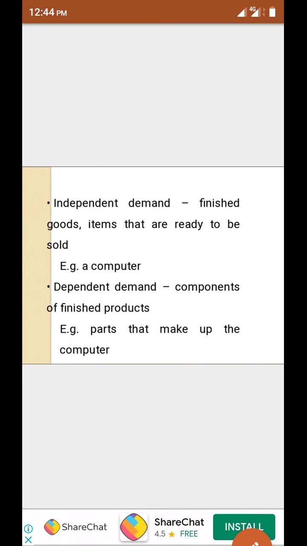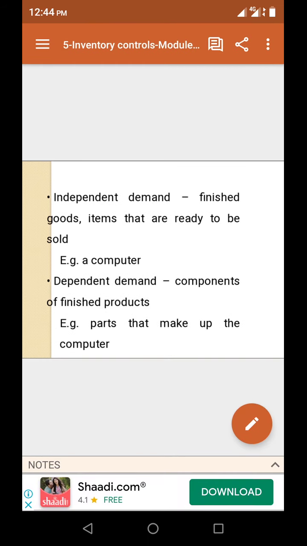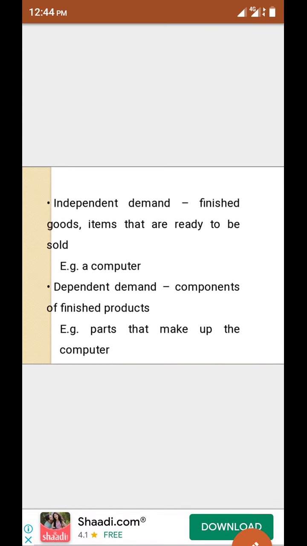Independent demand: finished goods items that are ready to be sold, that is, computers. Dependent demand: components of finished products, parts that make up the computers.